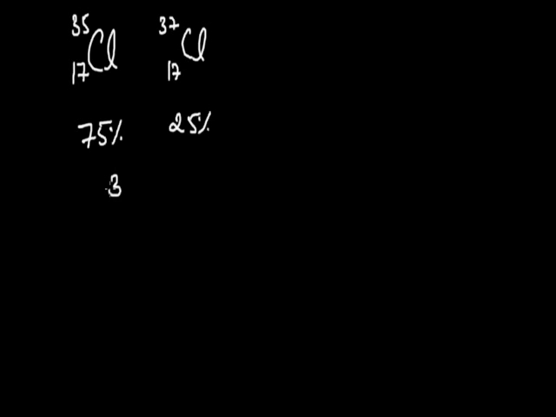So these isotopes are found in the ratio of 3:1, and since the 75% abundance is for chlorine 17-35, the average atomic mass on the basis of these isotopes of chlorine is calculated as 35.5 AMU.